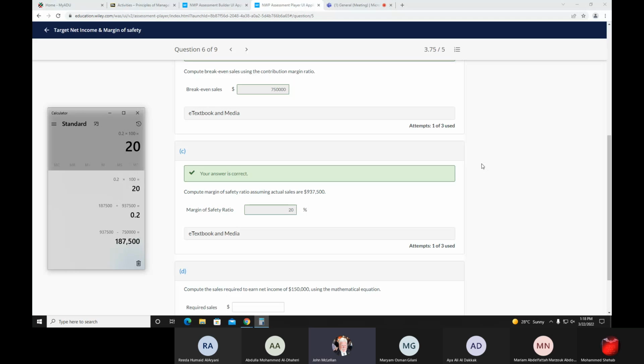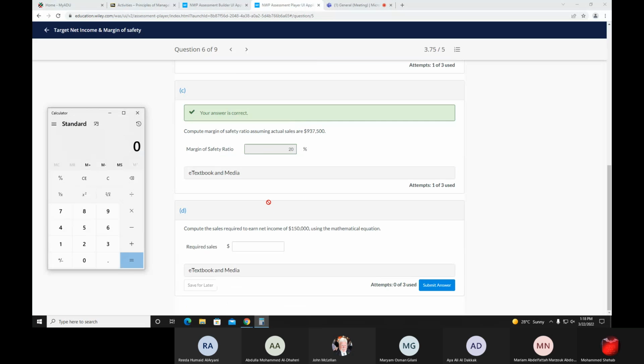Any questions? That's the same as the one before on margin of safety. Okay, Mohammed, number 7. Oh, no, there's another part to this. Compute the sales required to earn a profit of 150. So now you've got your contribution margin ratio, 0.3. You've got your fixed costs, and now you have your target net income.